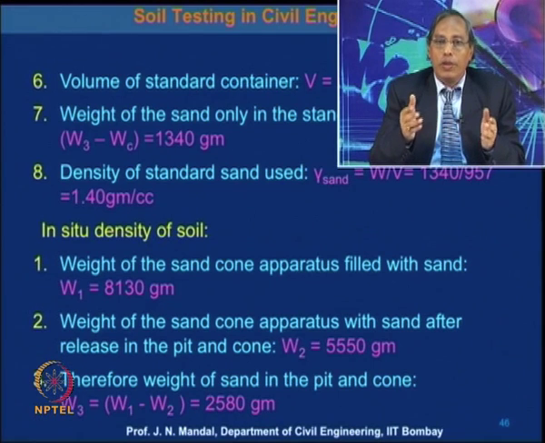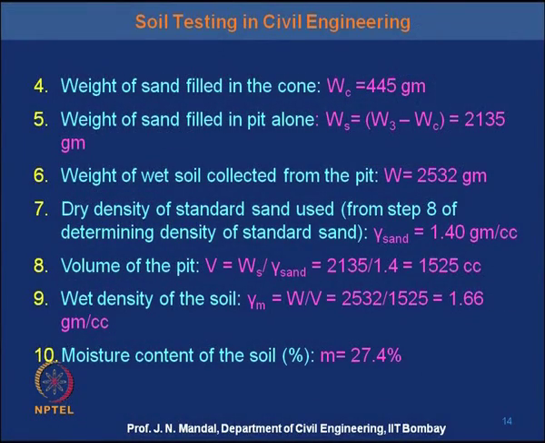Therefore, the weight of the sand in the pit and the cone can be calculated. W3 is equal to W1 minus W2, which is 2580 gram. Now, the weight of the sand filled in the cone is 445 gram. The weight of the sand filled in the pit alone, W5, is equal to W3 minus the cone sand, which is 2135 gram.